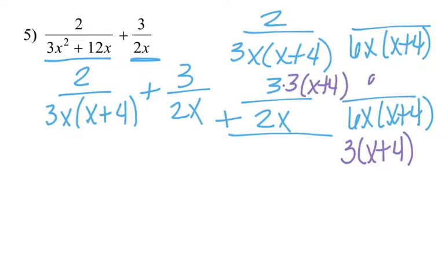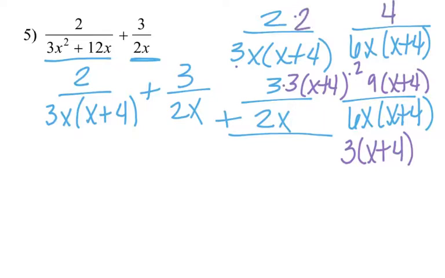So then that gives us 9 times x plus 4 in our new numerator for our fractions with the common denominator. So here, what do we have to multiply 3x times x plus 4 by to get 6x times x plus 4? 2, right? Because 3 times 2 is 6x, and we already have the x plus 4. So we're going to multiply by 2 up here, and that gives us 4.